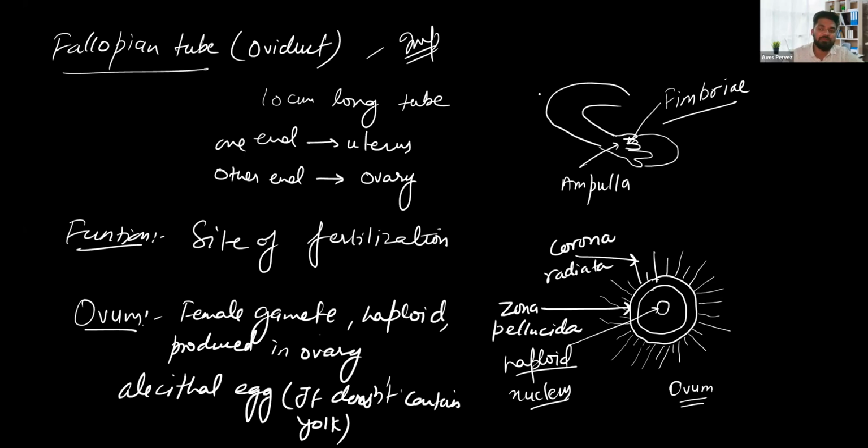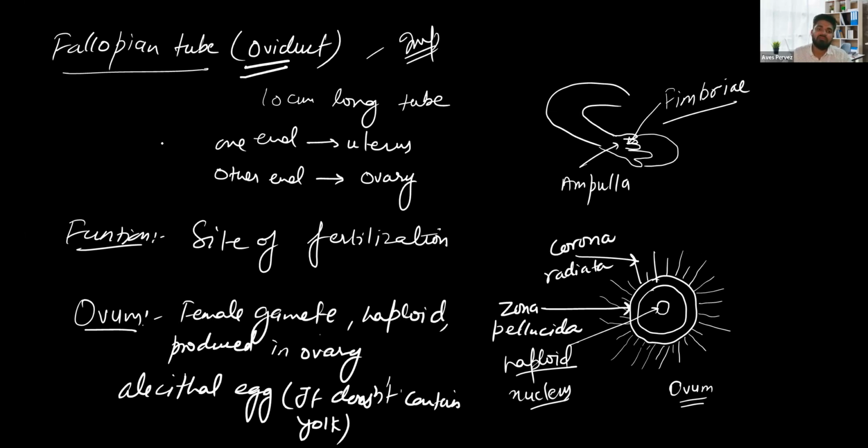Okay, next is the fallopian tubes. The other name for the fallopian tube is the oviduct. It is about a 10 centimeter long tube, which has one end attached with the ovary. This finger-like portion is called fimbriae, and this is called the ampulla, the portion from where the finger-like portion arises. Here is the site of fertilization.